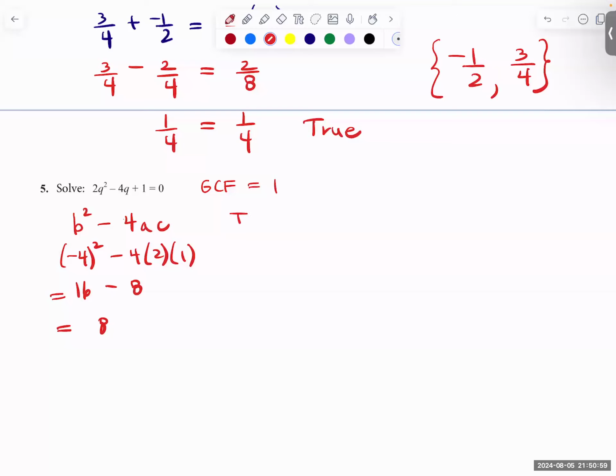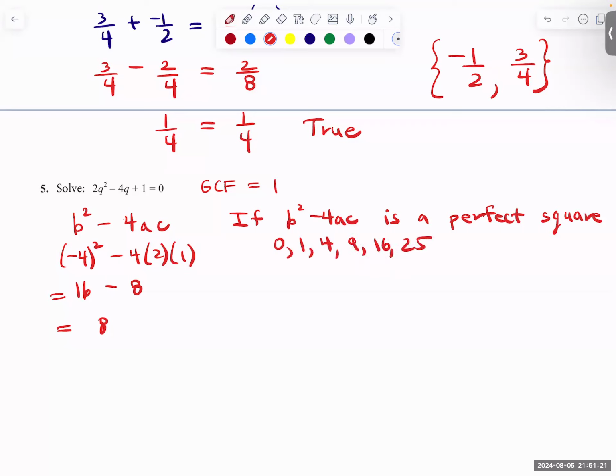So the general rule is if the discriminant is a perfect square, like 0 or 1 or 4, etc., then the trinomial is factorable if you wanted to solve by factoring.